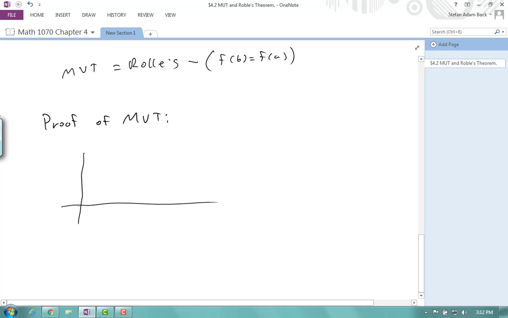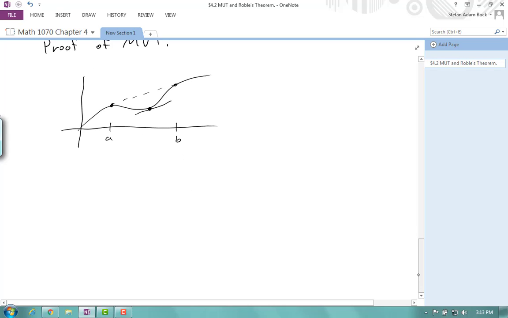The ultimate goal for the mean value theorem is that if I have a nice function and I pick an interval from a to b, then when I find the average rate of change on this interval, I can find a corresponding point where the instantaneous rate of change, or the slope of the tangent line, is equal to the average rate of change, or the tangent line is parallel to the secant line. But this can be really hard to do in general, so I'm going to do some things to rig the result, so to speak.